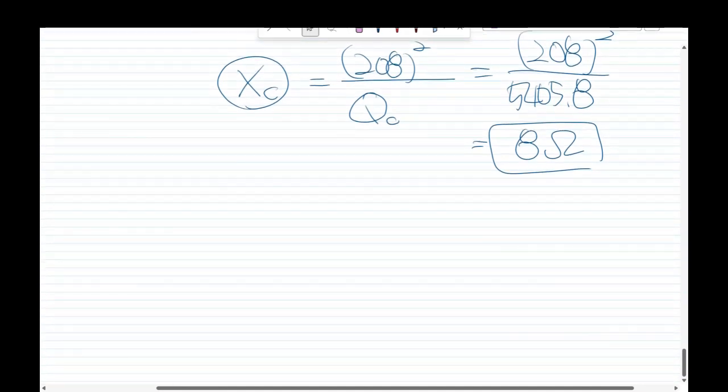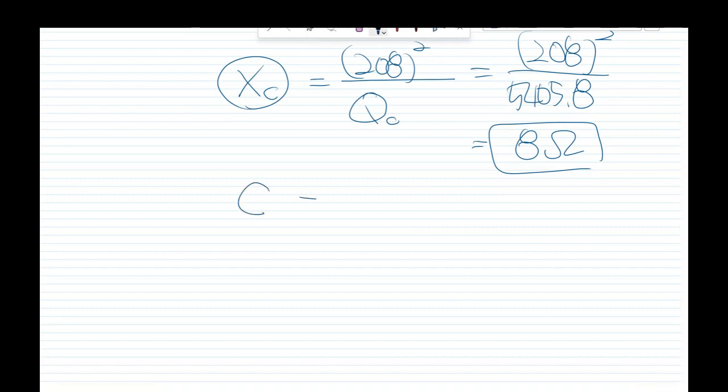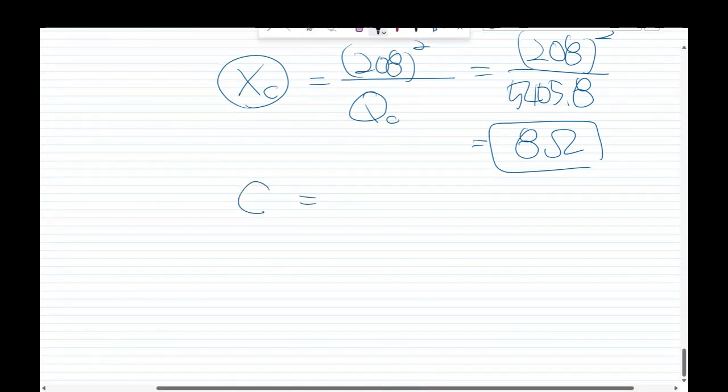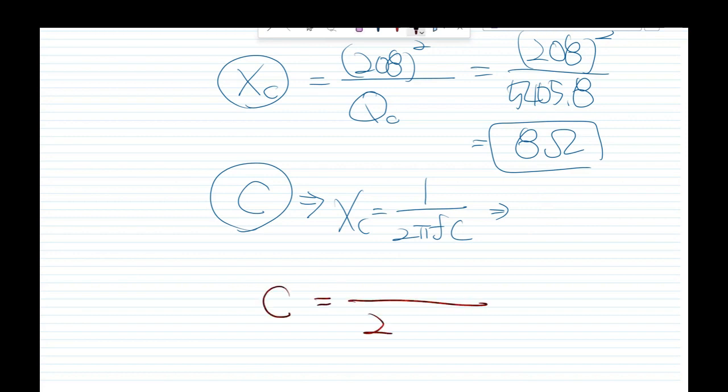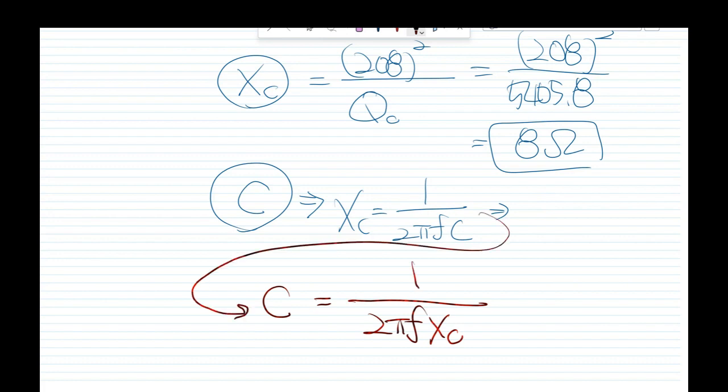All right, so now the next one is C. X sub C is 1 over 2 pi f C, so C is 1 over 2 pi f X sub C. Here, 2 pi times 60, the frequency given in the question, and X sub C in ohms right there.